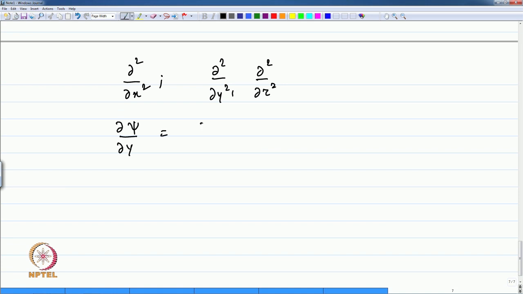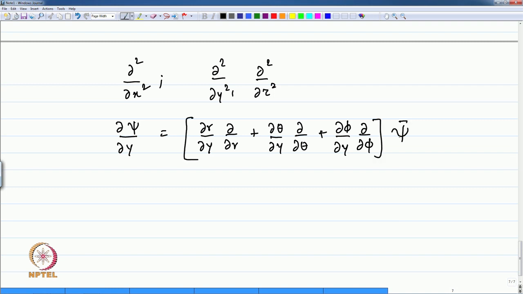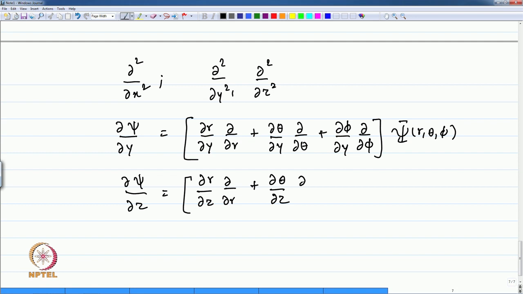Therefore, let me summarize this particular part of the lecture with the corresponding expressions, namely ∂ψ/∂y as ∂r/∂y ∂/∂r plus ∂θ/∂y ∂/∂θ plus ∂φ/∂y ∂/∂φ acting on the wave function ψ of r, θ and φ, and similarly ∂ψ/∂z as ∂r/∂z ∂/∂r plus ∂θ/∂z ∂/∂θ plus ∂φ/∂z ∂/∂φ acting on the corresponding wave function ψ of r, θ, φ.